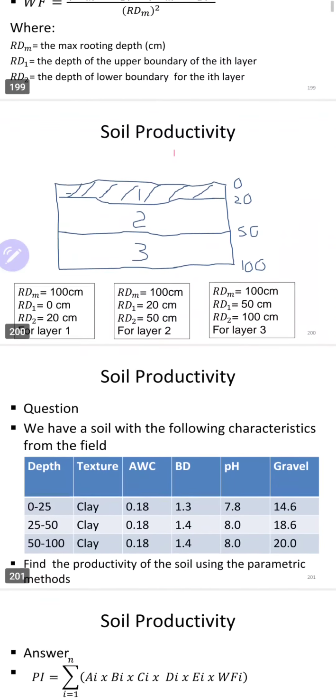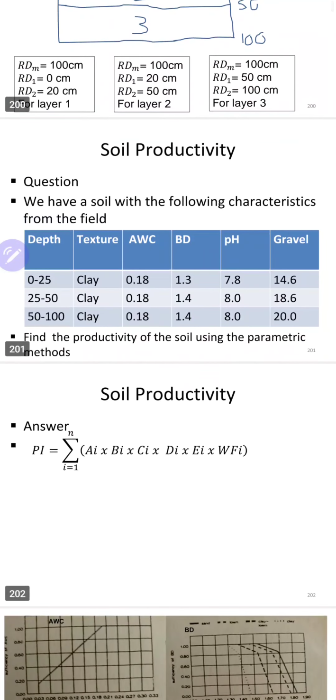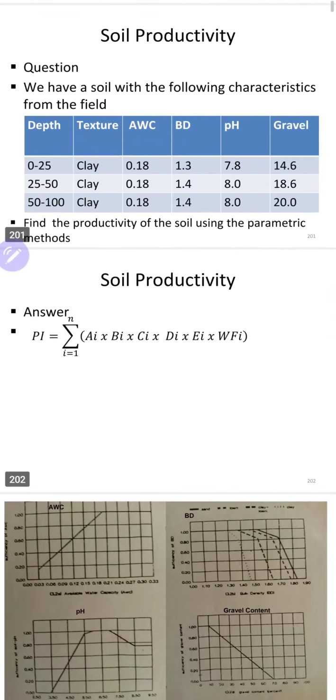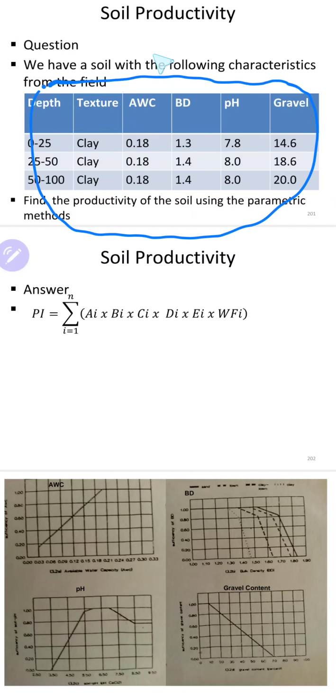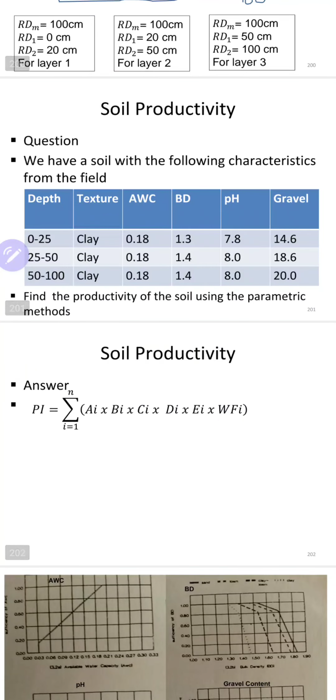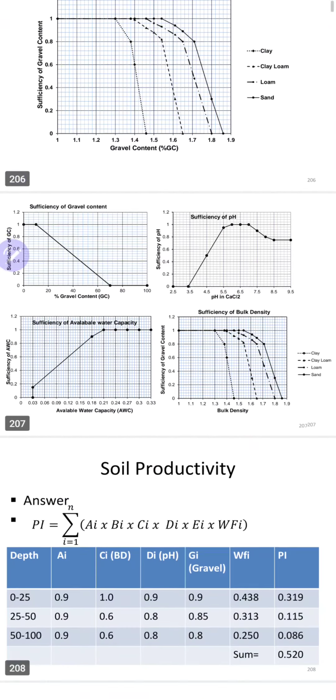Now, I think this should be an example. Here you need another table. This is the question that you're given, and then you need another table like this one.